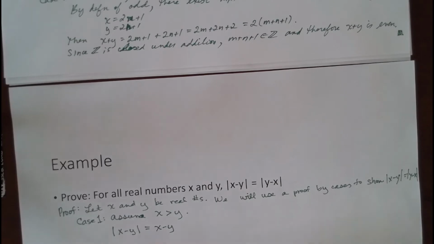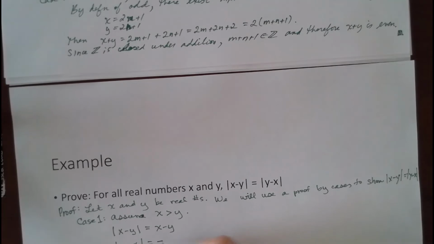Let's think about the absolute value of y minus x. Well, if x is greater than y, I'm taking a small number and subtracting a larger number. When I do that, I'm going to get a negative value. So how do you find the absolute value of a negative value? You have to multiply it by -1.